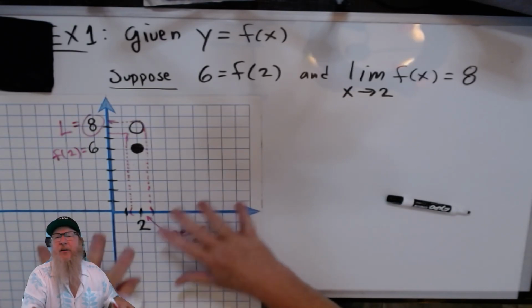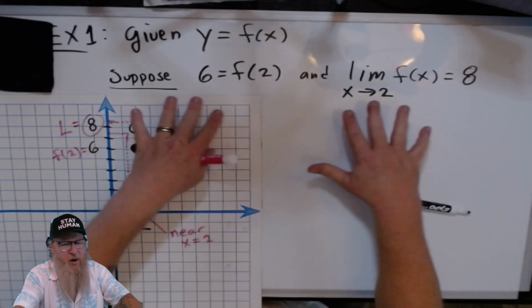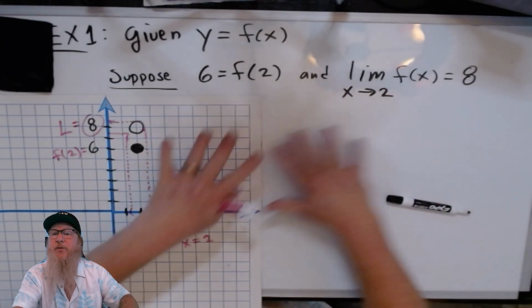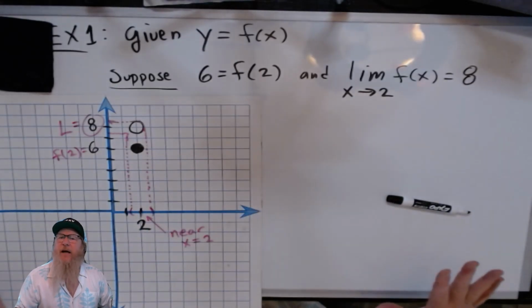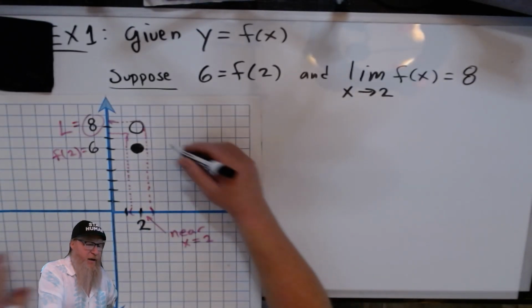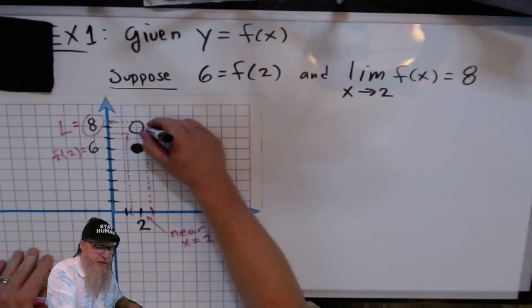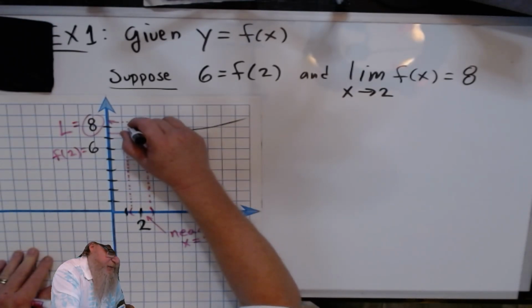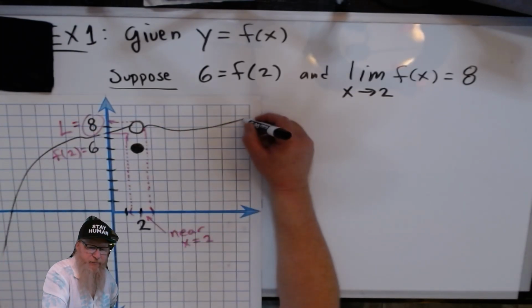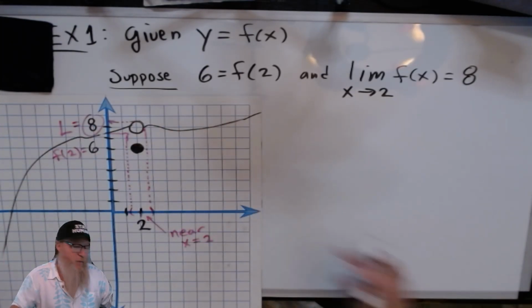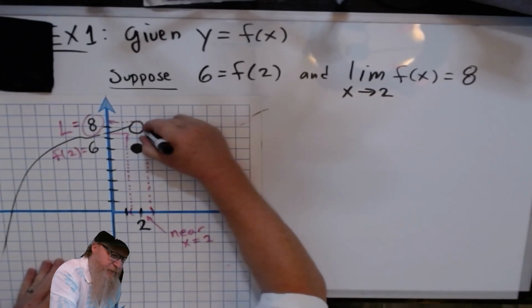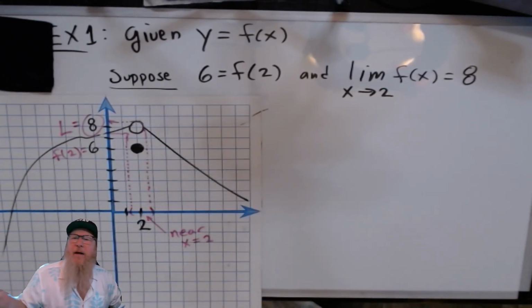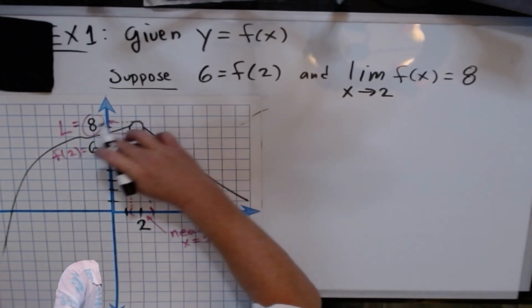Now, in this particular graph, because we were starting with just 2 assumptions, we don't really know anything else about the behavior of the graph. So the graph could be something like this. We don't know. Or it could look like this. There are so many possibilities for what the graph could look like.